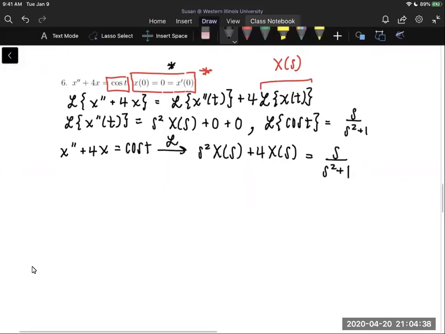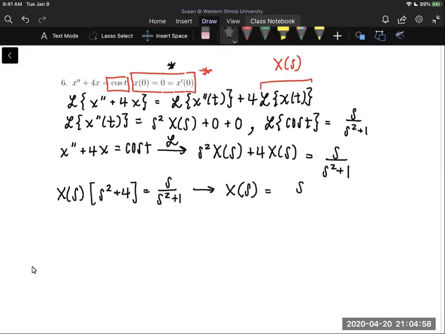All right, so now we have an algebraic equation in X of s we need to solve. So I can factor an X of s from the left-hand side, leaving me with s squared plus 4 times X of s equals s over s squared plus 1. And so finally, solving for X of s, I have s over (s squared plus 4)(s squared plus 1).